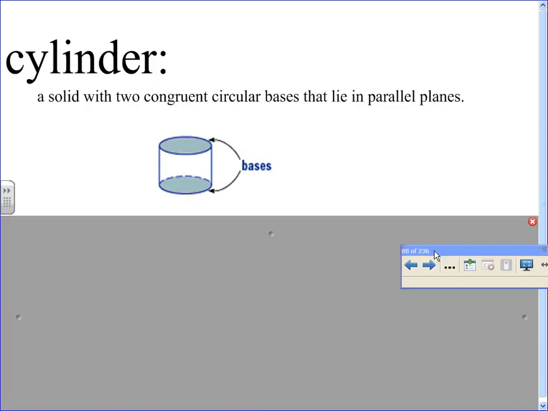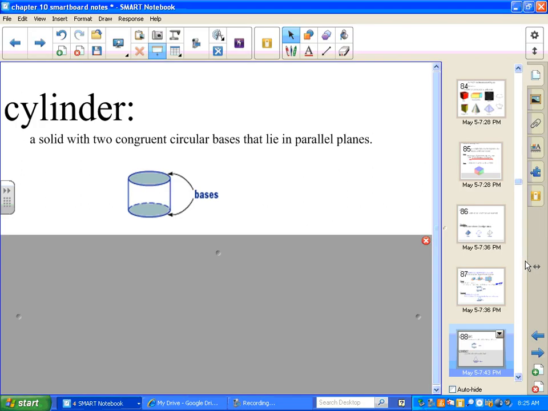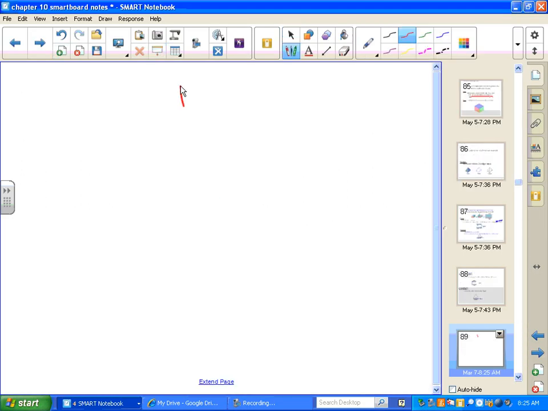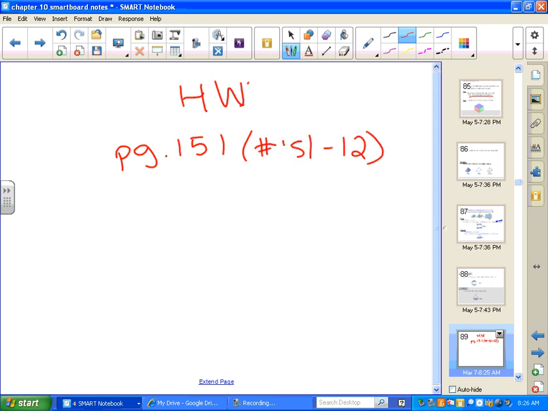So open up your homework packet. This is just an introduction. This homework's not going to be hard. Open up to page 151. It's not hard, trust me. No, just regular 151.